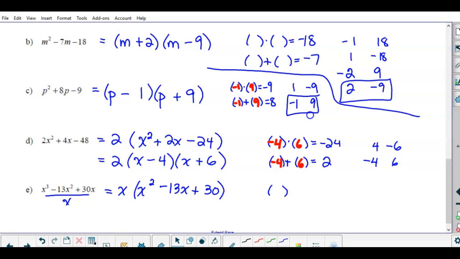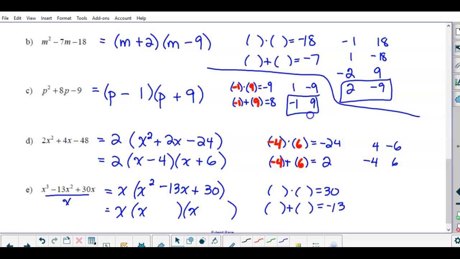We need two numbers that multiply to 30 and add to negative 13. So your final factored form, you can almost fill in all of it, okay, except for those constant terms. So now think of factors of 30.